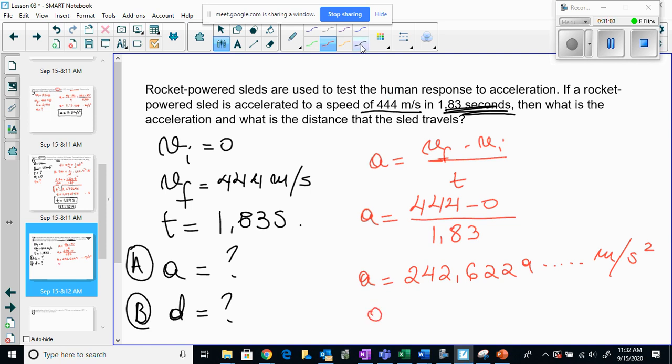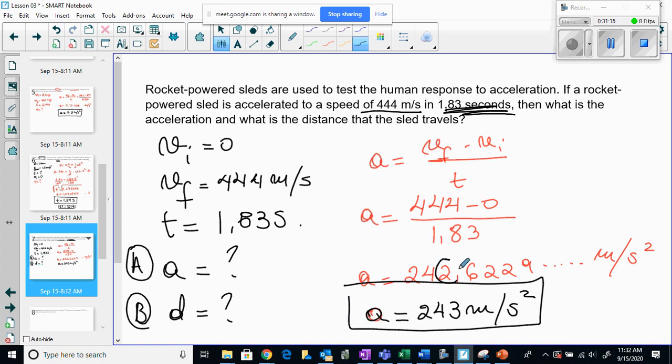So the final answer will be acceleration is equal to 243 meters per second squared. Why 43? We will stop at this digit, but since the following digit is greater than 5, we round it up. Good. Questions?